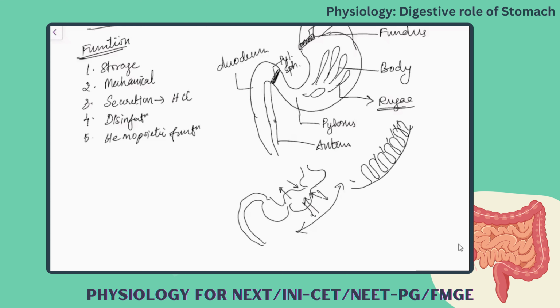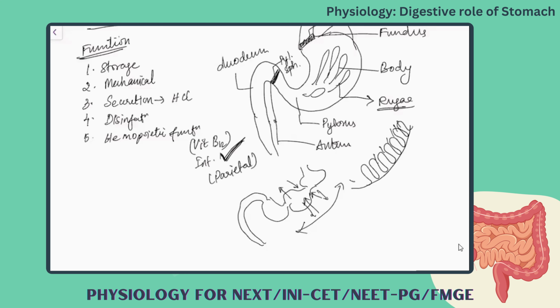Because of the presence of vitamin B12, intrinsic factor is mainly required for erythropoiesis. This is secreted by the cells of the stomach which you call parietal cells. Parietal cells give secretion of HCl as well as intrinsic factor of Castle.